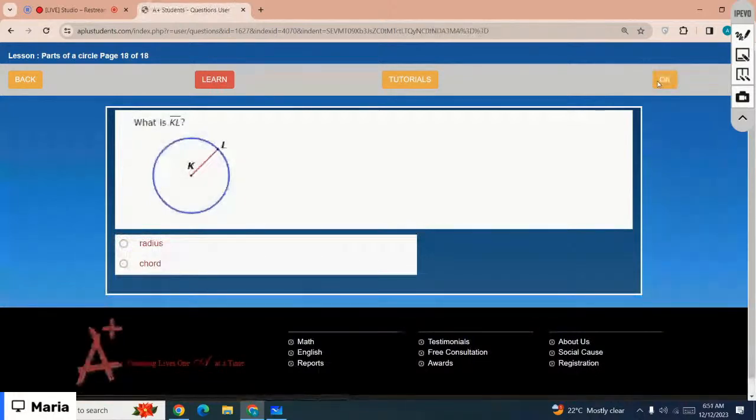What is KL, which is the correct option? KL is the radius of the circle, right?